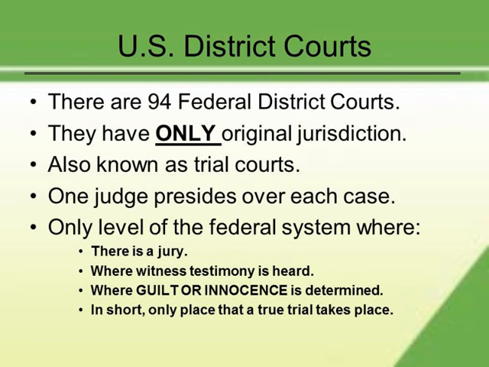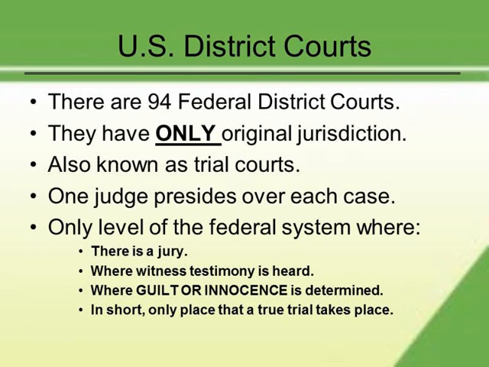We break the country up into these 94 districts. Each of these 94 districts are known as trial courts. The reason that we call these the trial courts, again, is that it's usually the court that has original jurisdiction. Before I can be convicted of a crime, there has to be a trial.